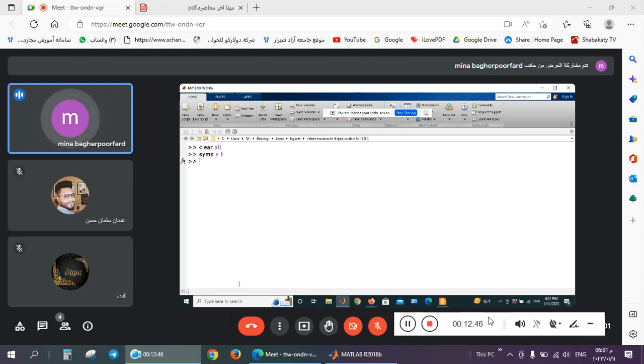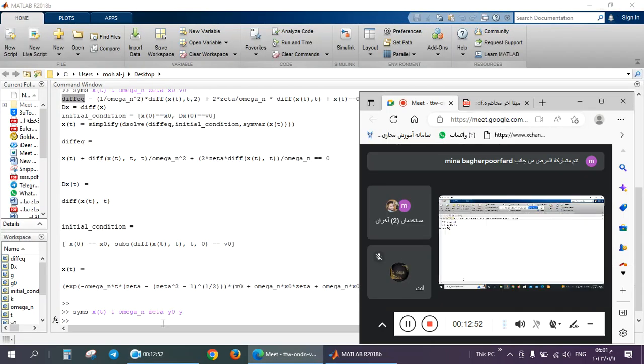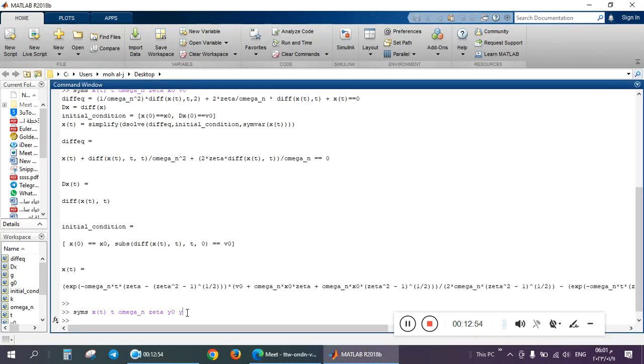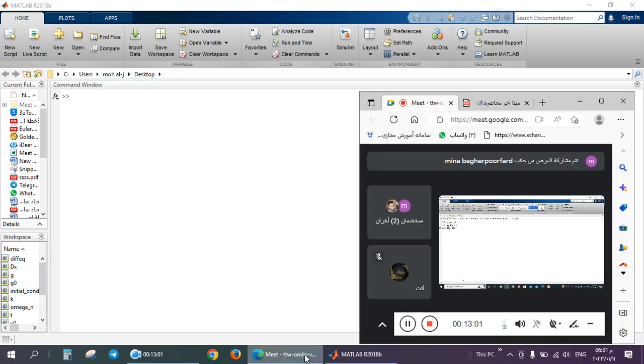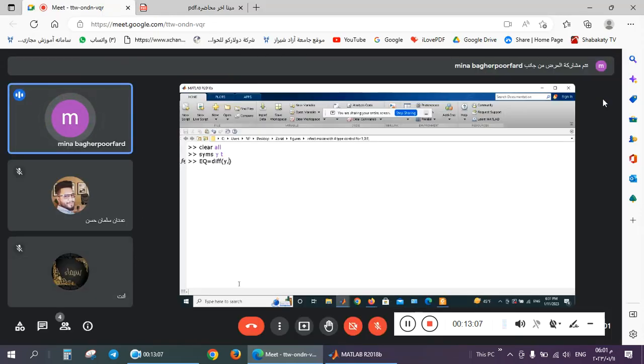You can use any name that you want. For example, I use EQ for my equation. EQ equals y second, meaning the second derivative of y with respect to t. I use diff of y with respect to t and 2 times.